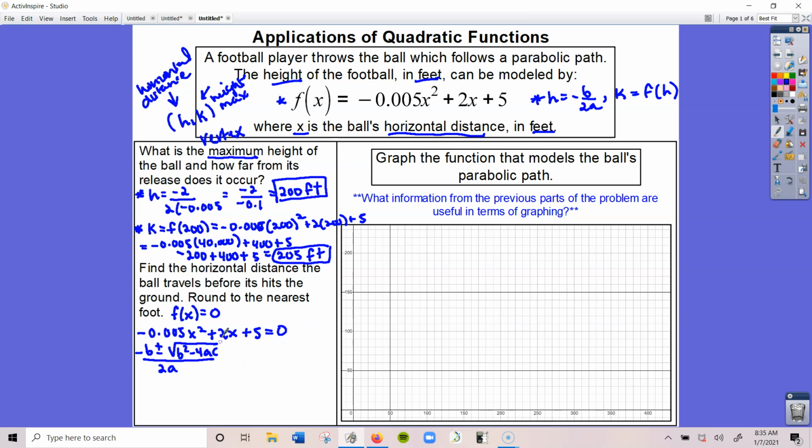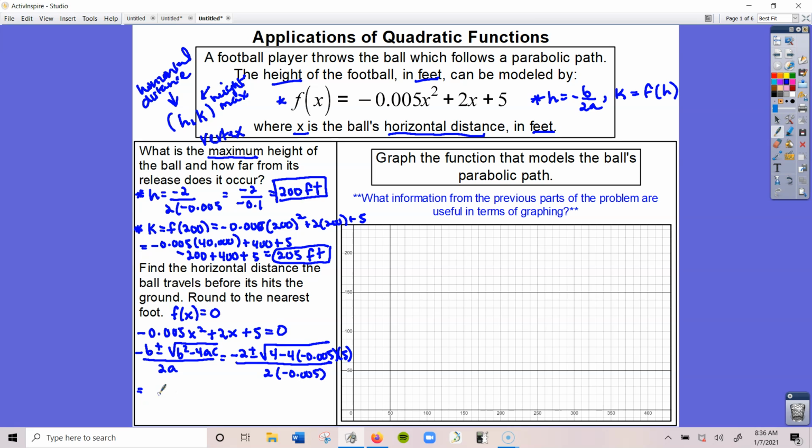So let's go ahead and plug in these numbers. We have negative b, so negative 2, plus or minus the square root of b squared, so 4, minus 4 times a times c, all over 2 times a.